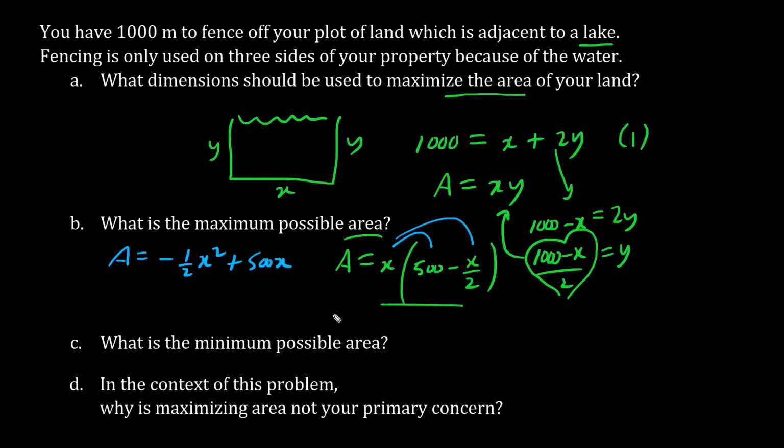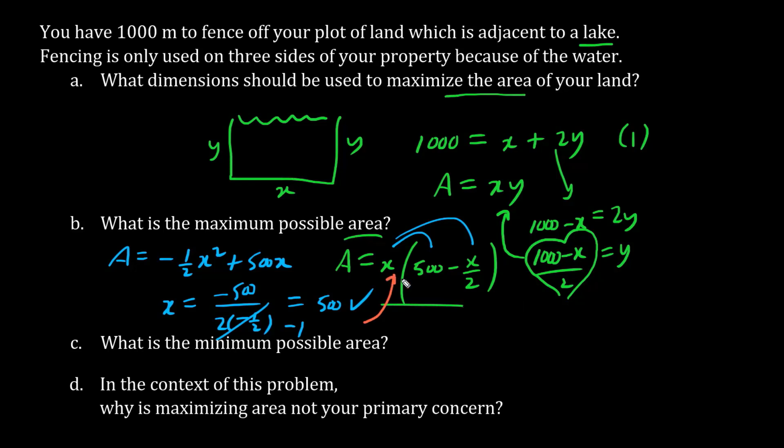And the line of symmetry formula is x equals negative b, or negative 500, over 2 times the a value, which is negative 1/2. 2 times negative 1/2 is negative 1. And two negatives become a positive, so x equals 500.